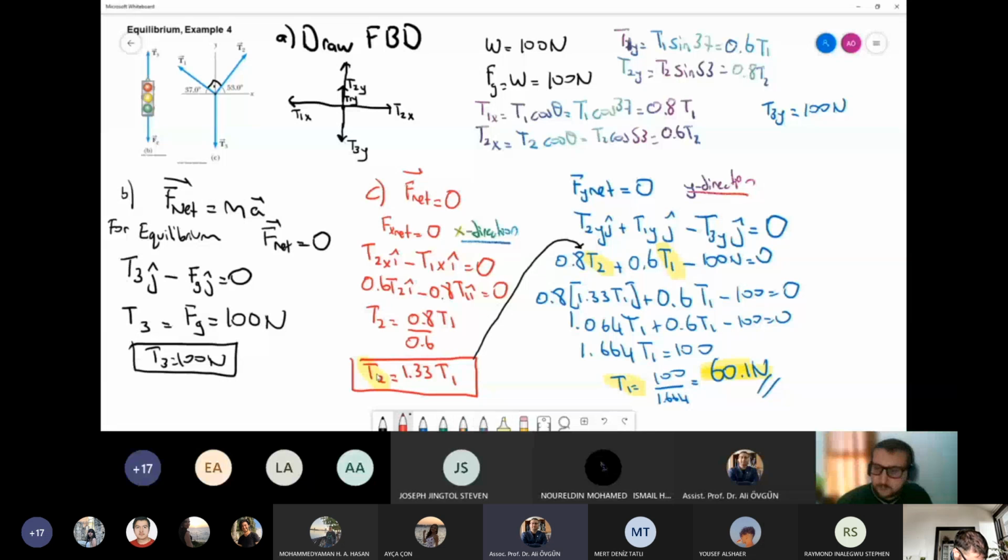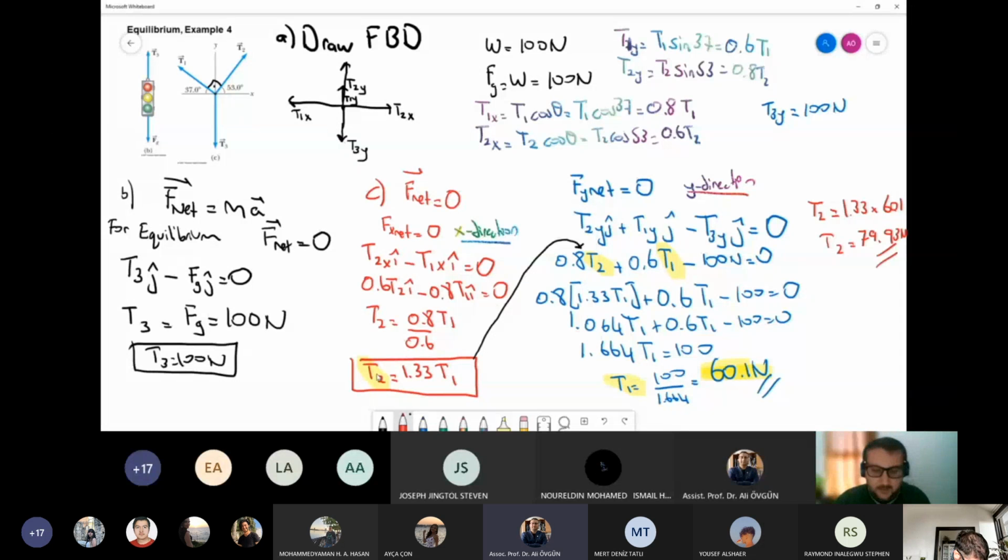T2 is equal to 1.33 times 60.1. So T2 becomes 79.93 Newton.